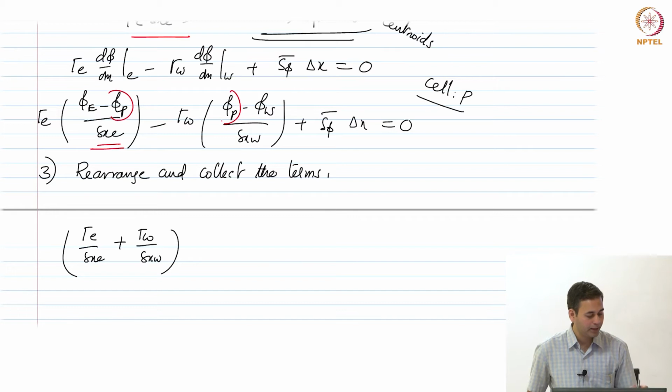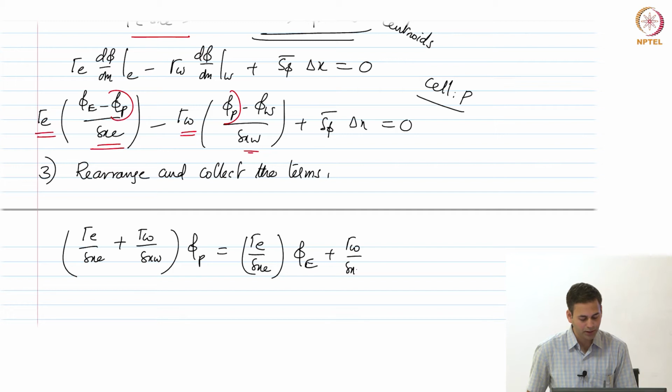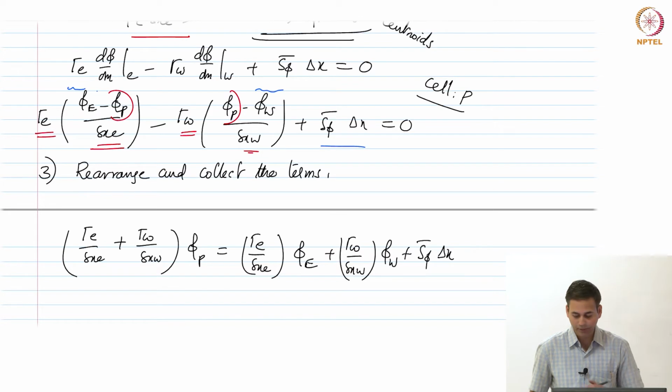That will give me gamma east by del x e and gamma west by del x w, both on the right hand side with a positive sign, multiplied with phi p, equals gamma east by del x e times phi capital E plus gamma west by del x w times phi west plus s phi bar delta x, right. Essentially, the phi w and phi east terms will remain on the left hand side and the phi p terms go to the right hand side. Okay. So, we have an equation here.